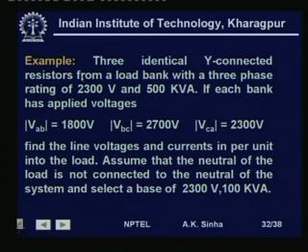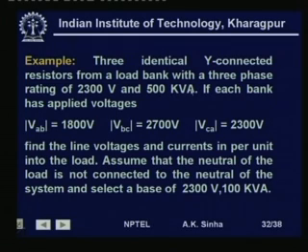I am sorry, this is form, not from. 3 identical star connected resistors form a load bank, means we have a star connected load with 3 resistors of equal resistance. The voltage rating of the 3-phase load is 2300 volt and the kVA base is taken as 500 kVA.